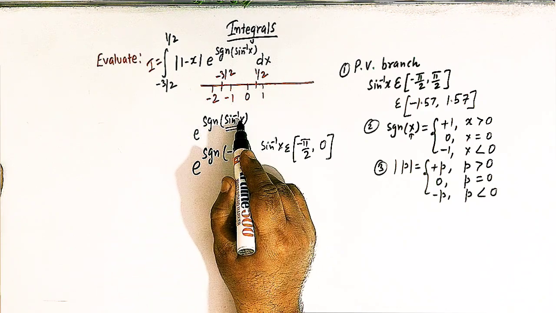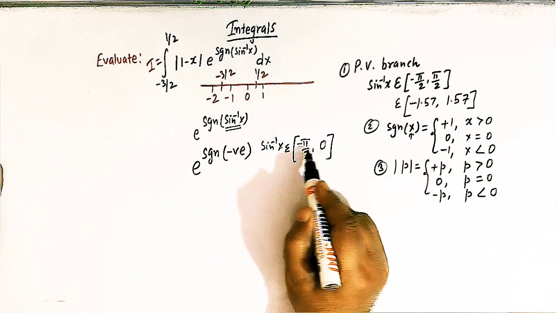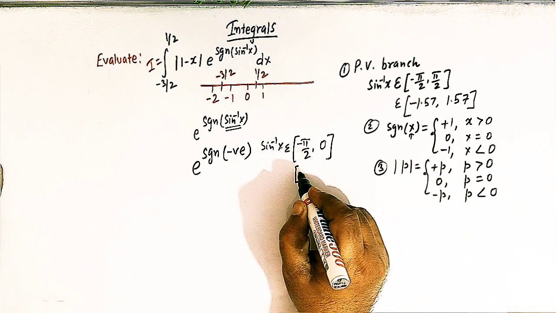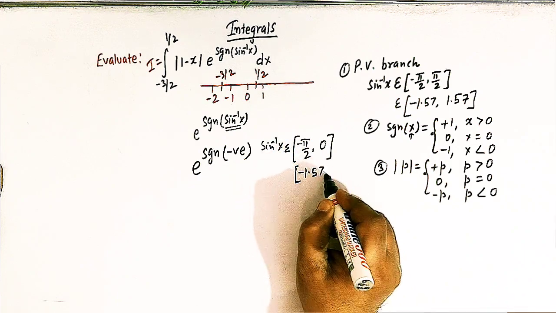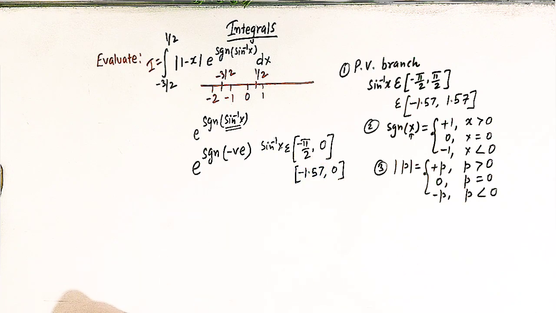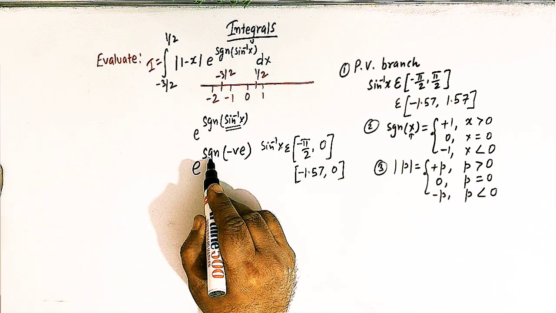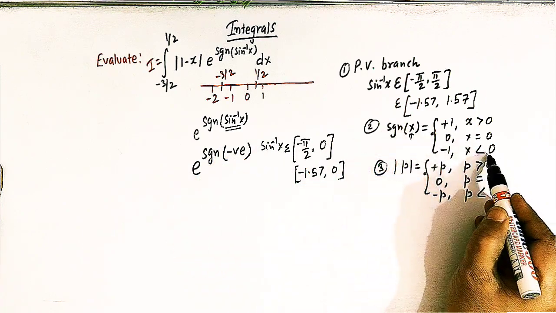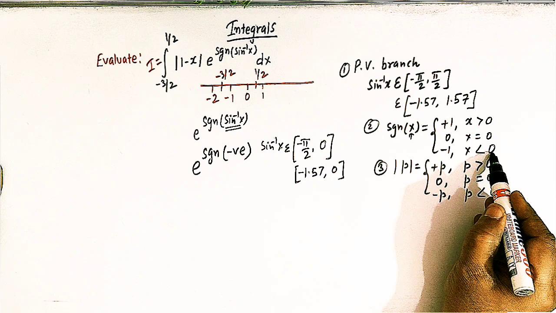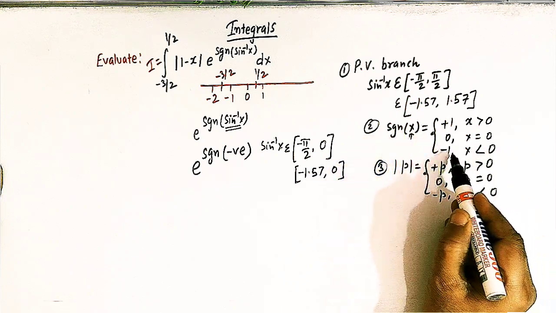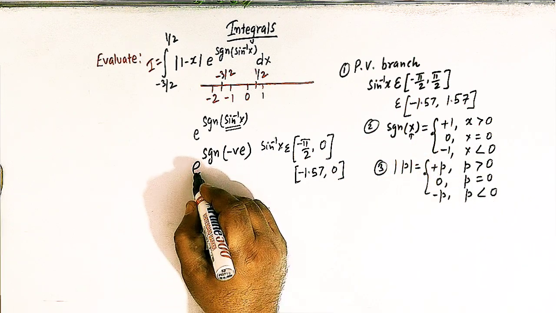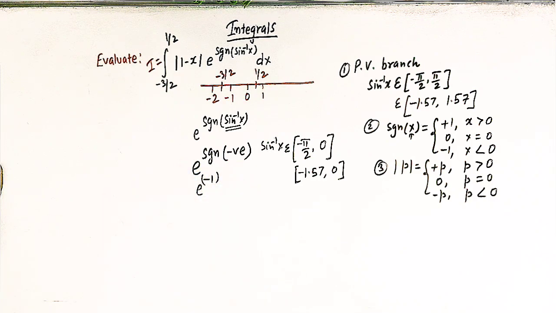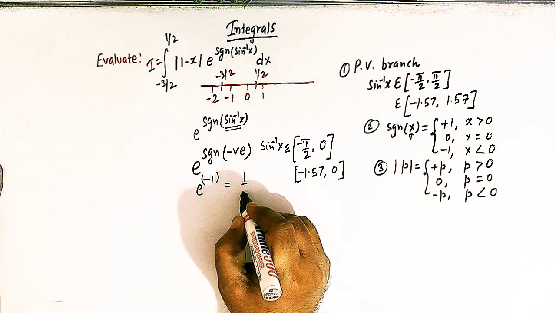And when x is less than 0, signum of x is minus 1, so now we have e raised to minus 1, that is equal to 1 over e.